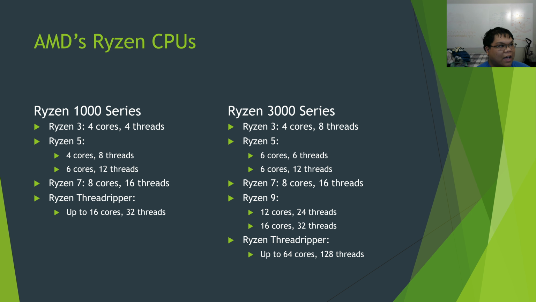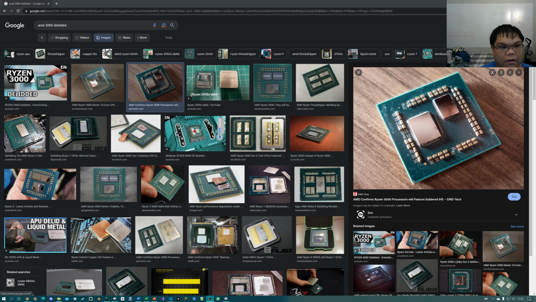I think it's AMD's CES, I think it's called. When Lisa Su, CEO of AMD, teased the Ryzen 3000 series, she famously held up a delidded AMD CPU that... Let me just find a picture, hold on.